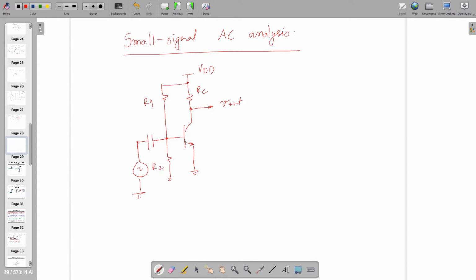Can we draw the small signal model for this one? Somebody can volunteer and draw it here on the board. You can try in your notebook first. Draw the small signal AC model, just the model.